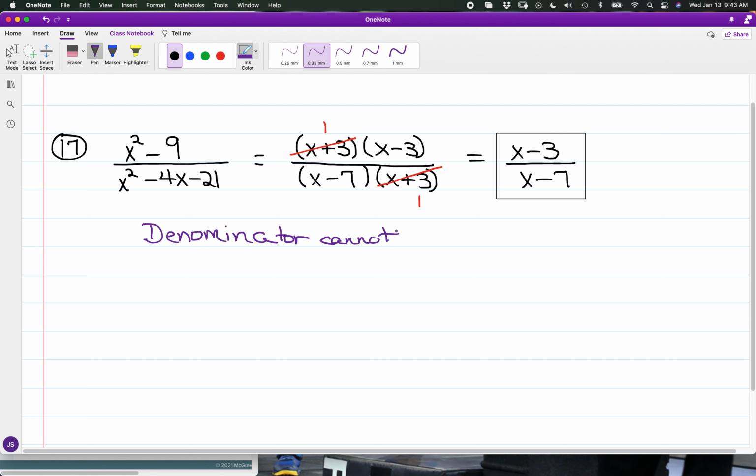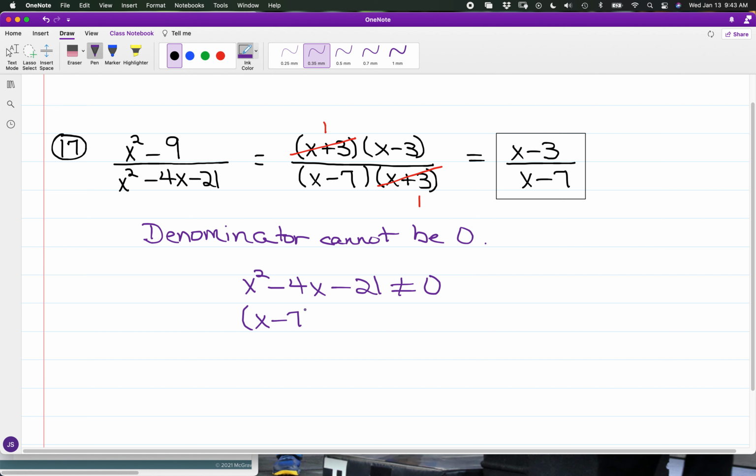So just looking at what we have in the original ratio, you have x squared minus 4x minus 21. That's the denominator. This cannot be 0. And that means that if the whole expression in the denominator cannot be 0, then neither can its factors.